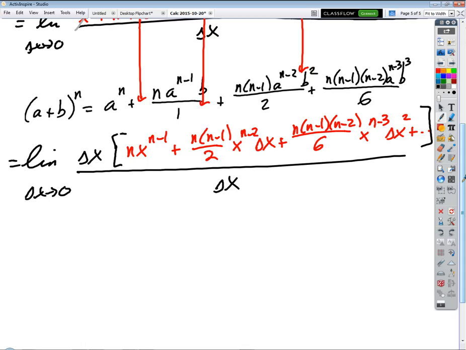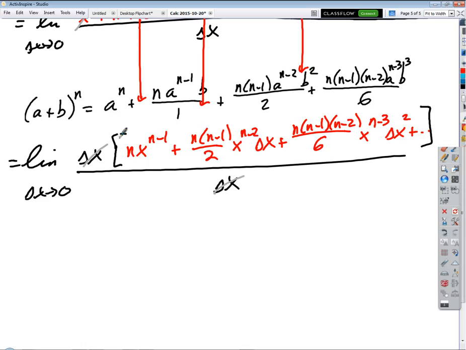I can cancel out the delta x's, which removes the indeterminacy. So now I can directly evaluate. You're just going to get left with that n x to the n minus 1. Exactly. Okay, so look what happens.